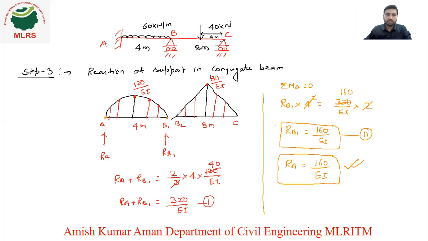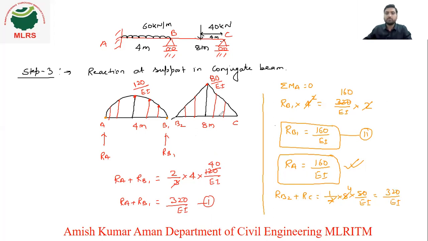Similarly, if you will go for this span, second span, what will happen? This is a triangle. So what is the area of triangle? Half into base into height. So RB2 plus RC will be equal to half into base is 8 into height is 80 upon EI. Okay, this is also 320 upon EI.